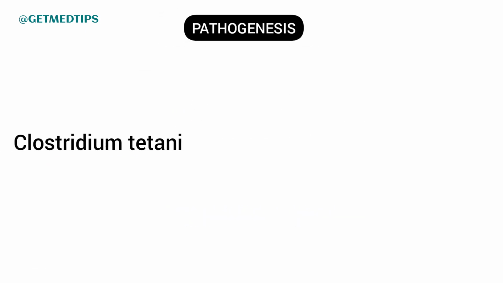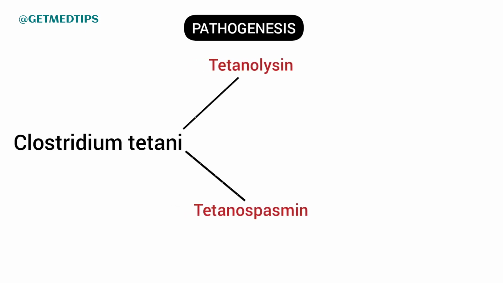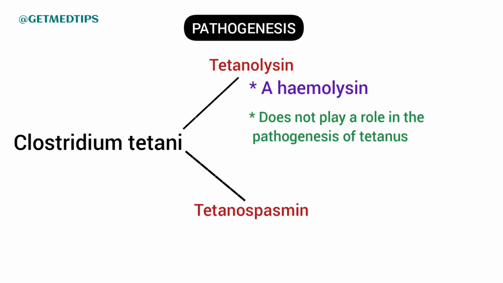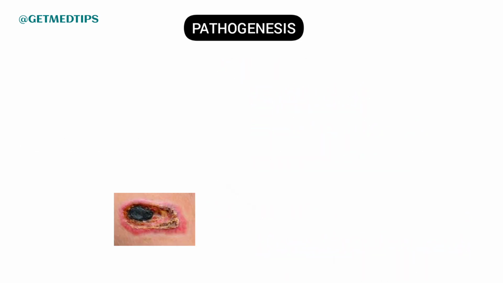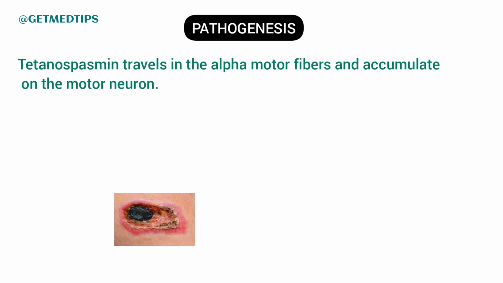Pathogenesis. Clostridium tetani produces two exotoxins, tetanolysin and tetanospasmin, at the site of inoculation. Tetanolysin is a hemolysin which does not play a role in the pathogenesis of tetanus. Tetanospasmin is a powerful selective neurotoxin which is a readily diffusible water-soluble protein. From the point of inoculation, the tetanospasmin travels in the alpha motor fibers and accumulates on the motor neuron.